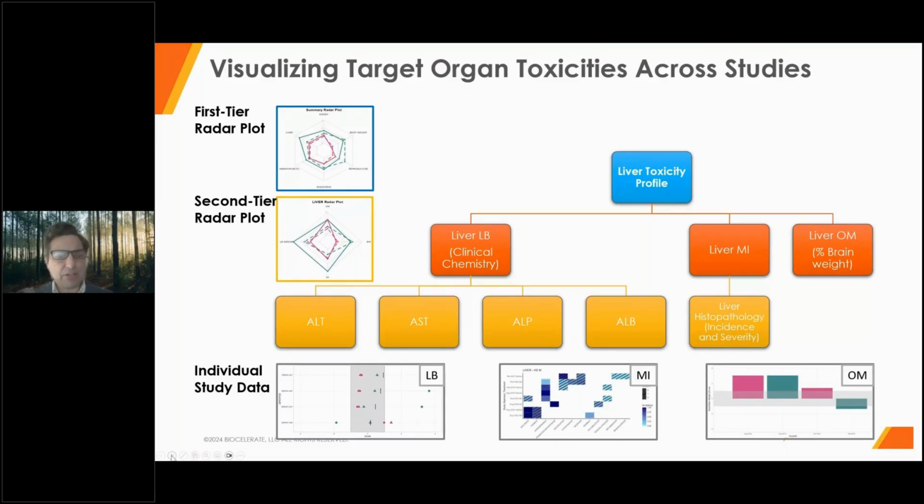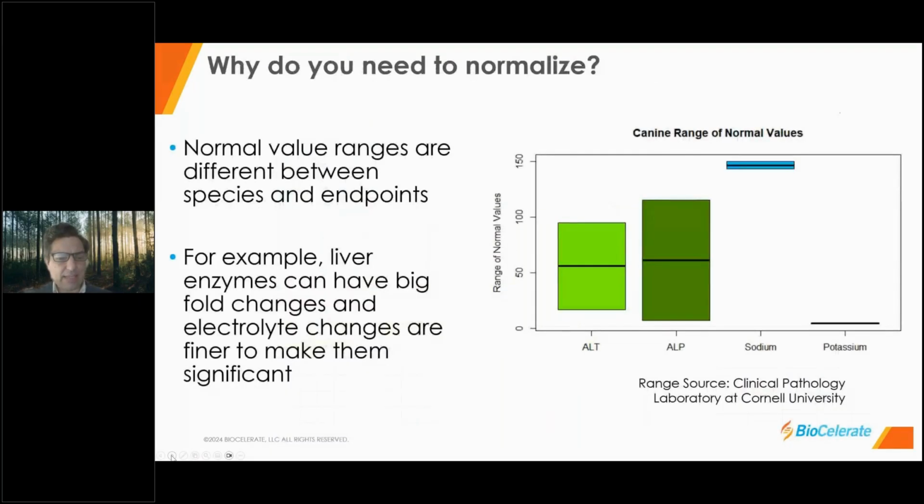The data that we actually look at is not very well standardized or normalized in the sense that there are wide ranges of values for various types of measurements. As shown in the example here for liver enzymes, there's a much wider range that is considered normal compared to the ranges for the electrolytes such as sodium and potassium.